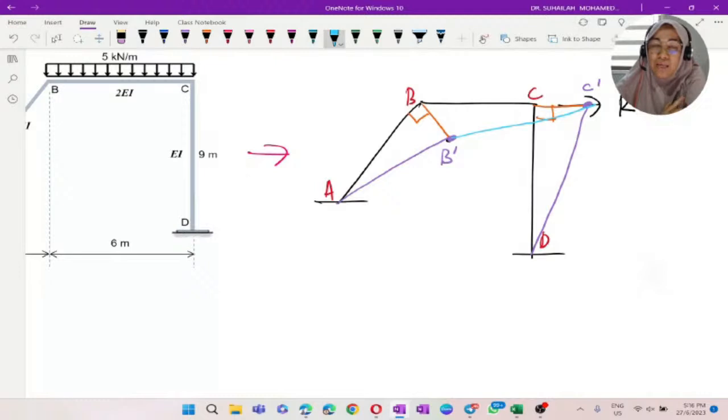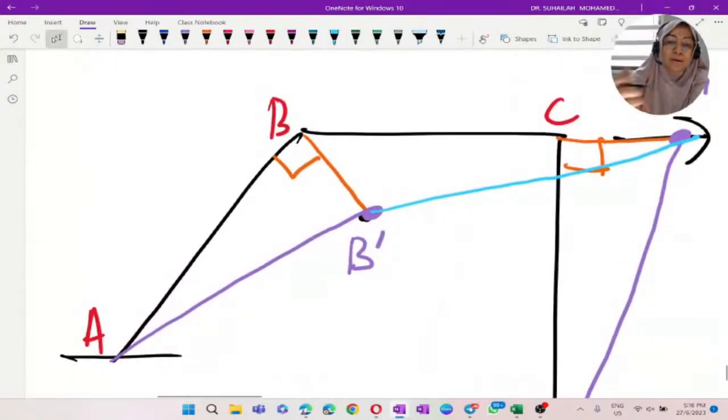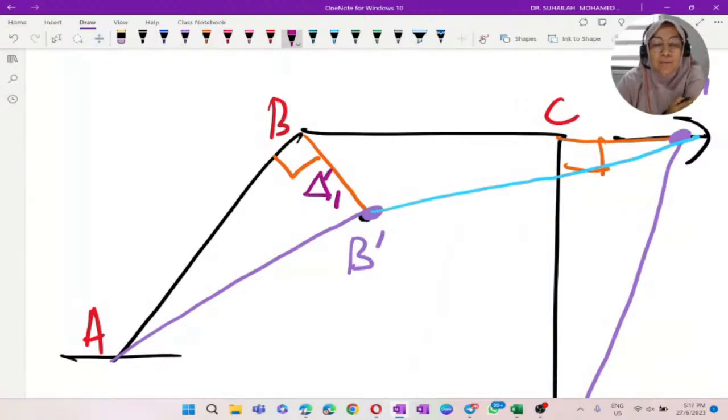What is most important is that we identify where the delta is for each member. We have member AB. The perpendicular of member AB is the delta for AB, and we name it delta 1 prime. So this one is delta 1 prime, perpendicular to member AB.